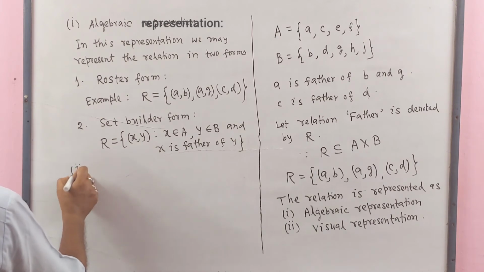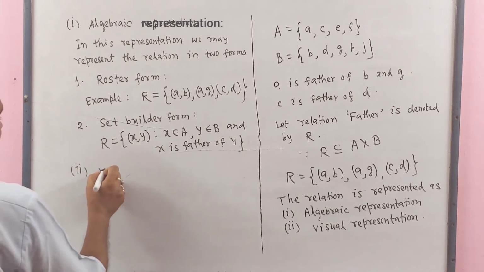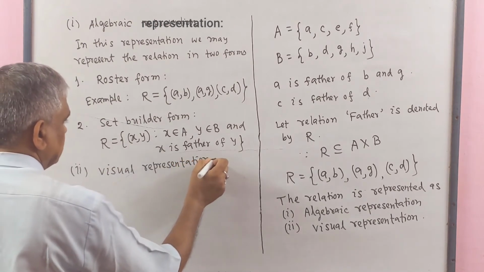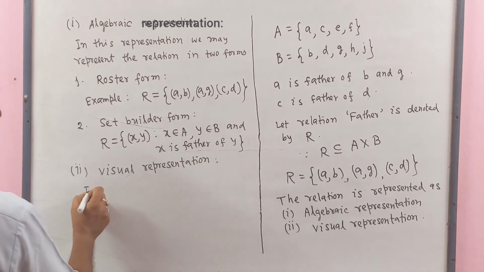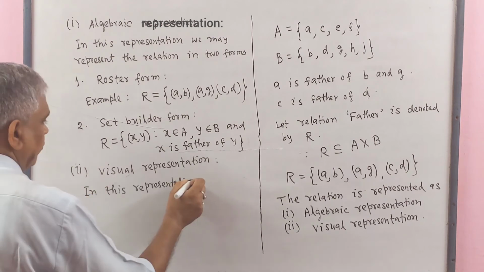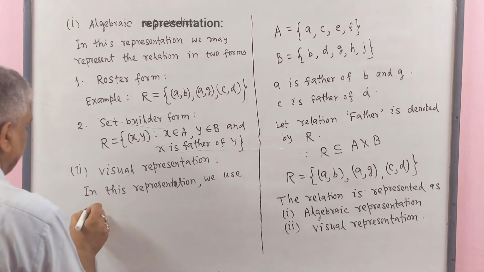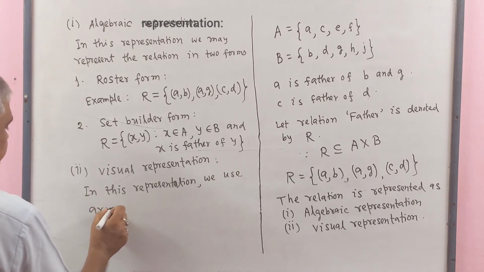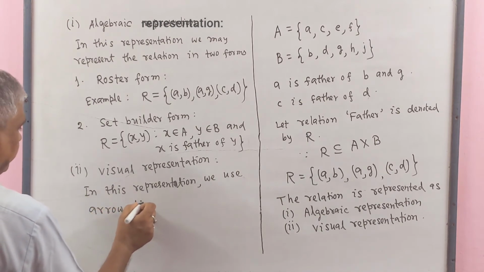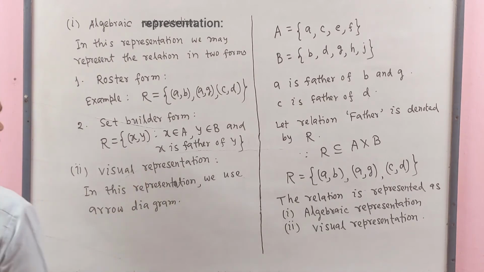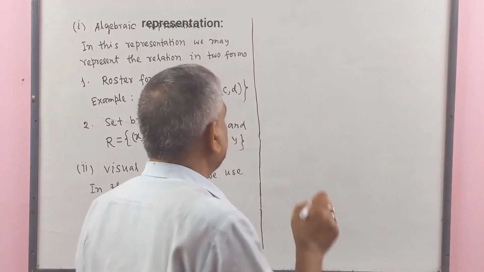Number 2 is visual representation. In this representation, we use arrow diagram. Now we sketch the diagram.